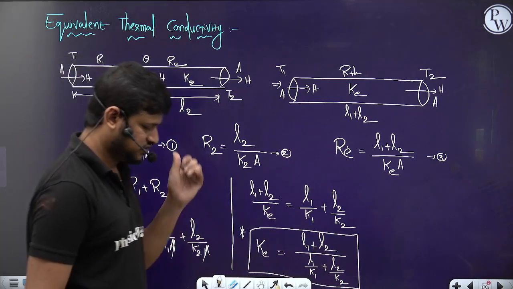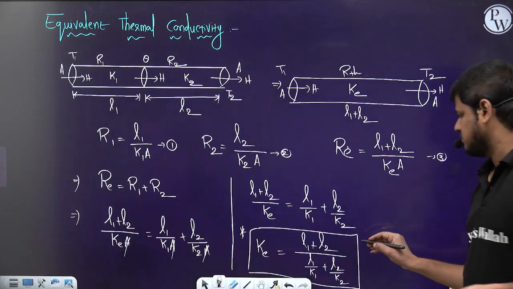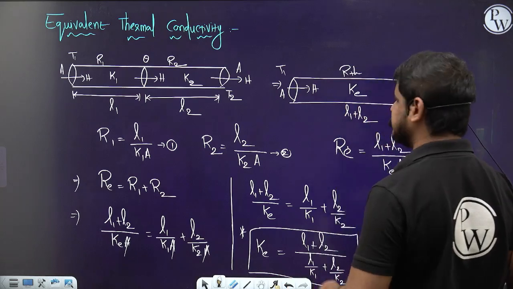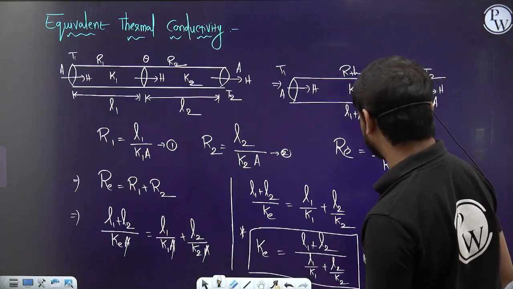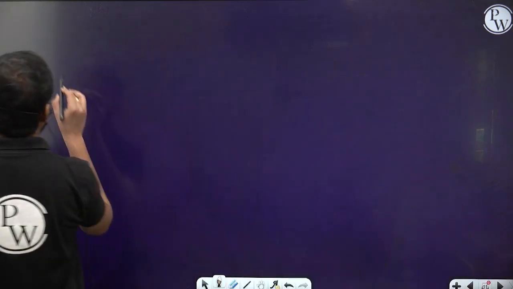Clear, guys? This is the K equivalent and this is the R equivalent. Let me write the summary, since we have got many equations. Series combination of rods, summary.